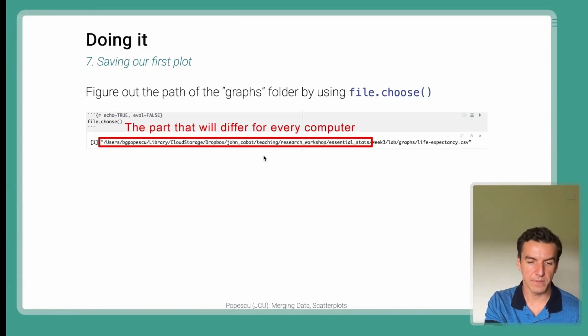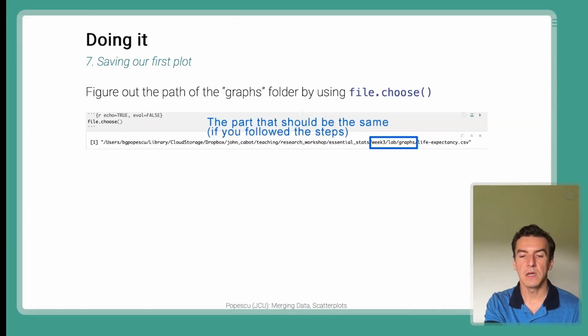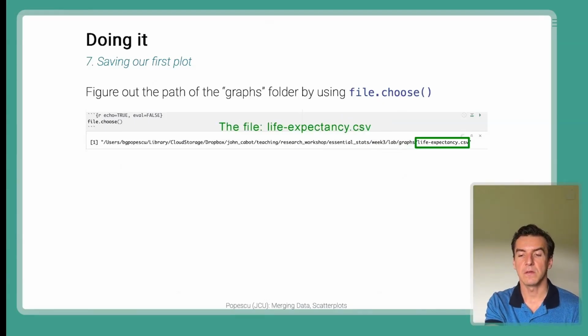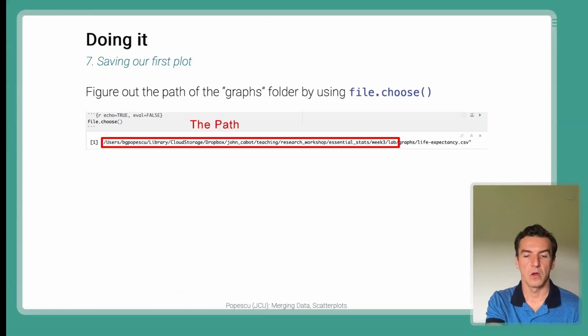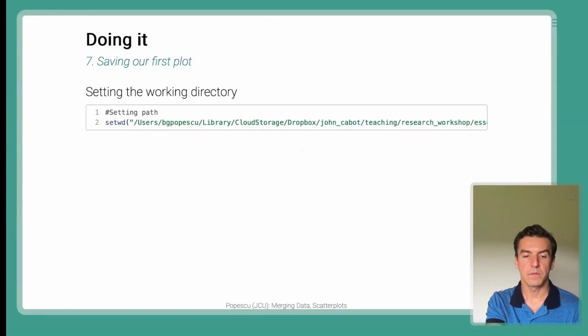This is what I have on this machine right now, but this will differ for your machine. And this is the part that, if you have week 3 lab and graphs, stays the same. The final part of this path is really the file itself, so lifeexpectancy.csv. Okay, so this is the path.